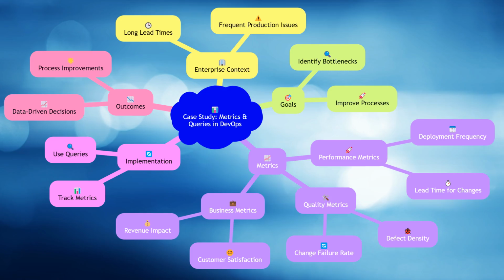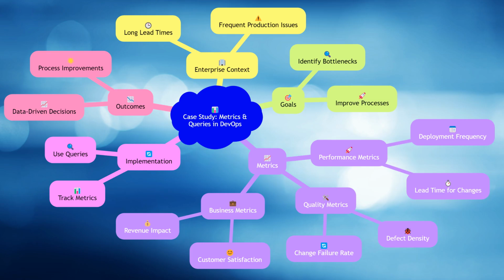Let's explore a case study of a successful implementation of metrics and queries in a DevOps environment. A software development team at a large enterprise was struggling with long lead times and frequent production issues. By designing and implementing appropriate metrics and queries, they were able to identify bottlenecks in their development pipeline and improve their processes.